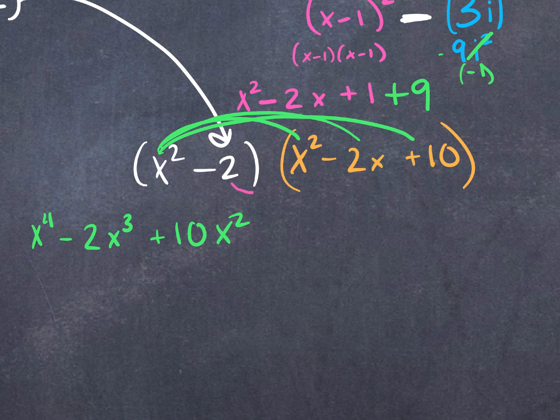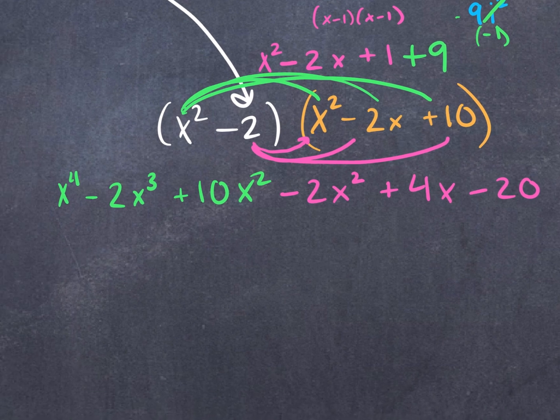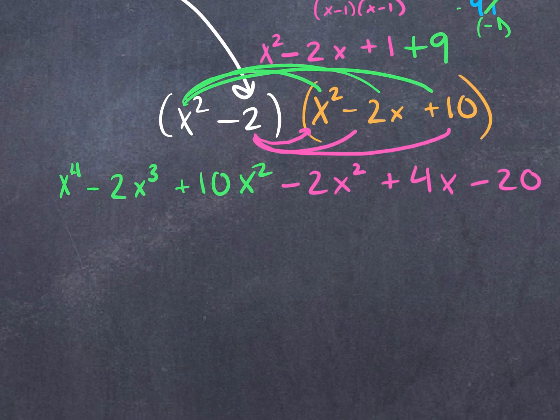Now moving on, we have negative 2 times x squared. Negative 2x squared. Negative 2 times negative 2x. Positive 4x. And negative 2 times 10? Negative 20. Joey, what would I do next? Combine like terms. So I start with my highest degree, x to the 4th power.